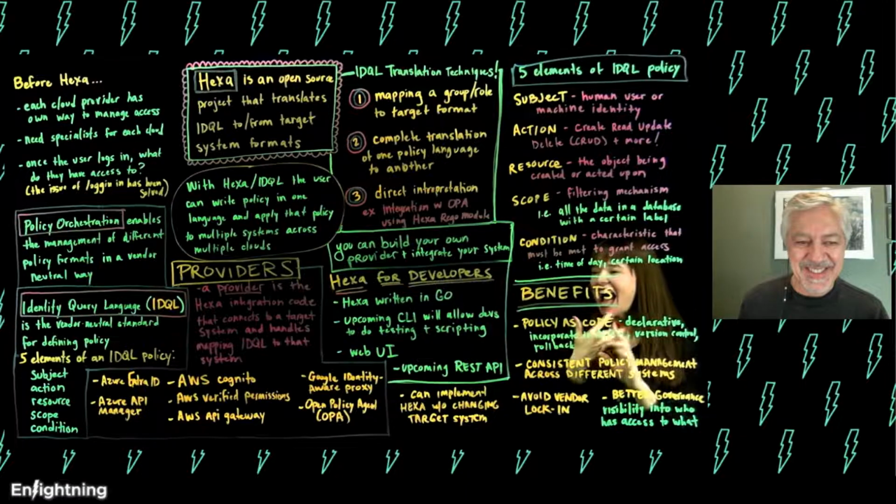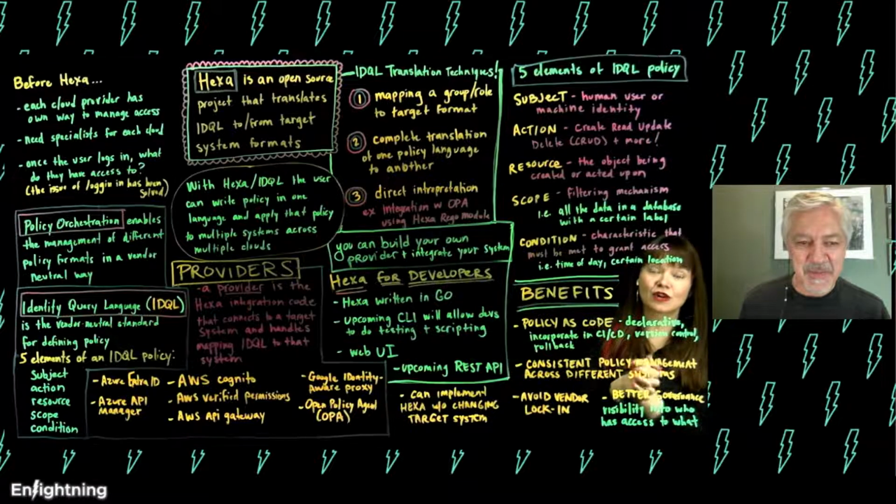We talked about Azure Entra ID, Azure API Management, AWS Cognito, AWS Verified Permissions, AWS API Gateway, the Google Identity-Aware Proxy, and the Open Policy Agent, which people say OPA. Those are right now the current providers for Hexa.